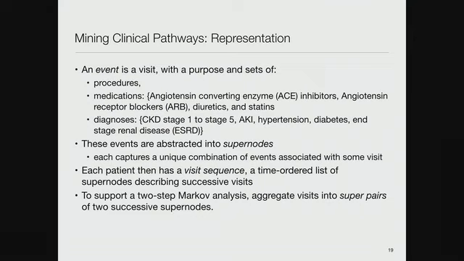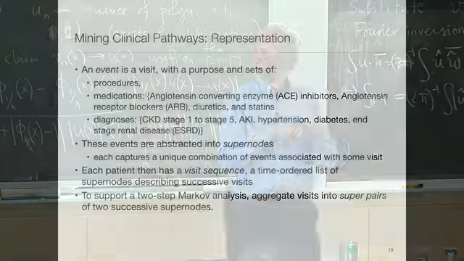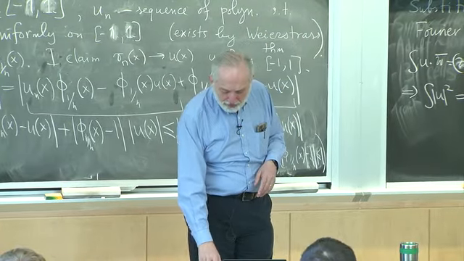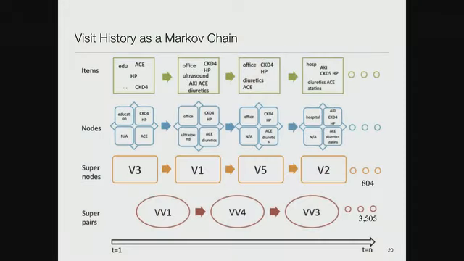And so they say, well, in a Markov chain, we only have things depend on the last node in the Markov chain. So let's change the model here so that we will combine pairs of visits into nodes so that each node in the Markov chain will represent the last two visits that the patient had, okay? So this could again cause some combinatorial problems, but here's the image that they come up with.